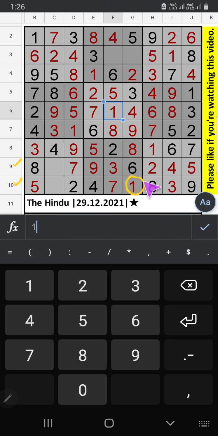We have 1, so it can't come this cell. 1 will be here, 6 will be here. In this grid 2 numbers are remaining, 7 and 9. 7 we have, so it can't come to this cell. 7 will be here, then 9 will be here.